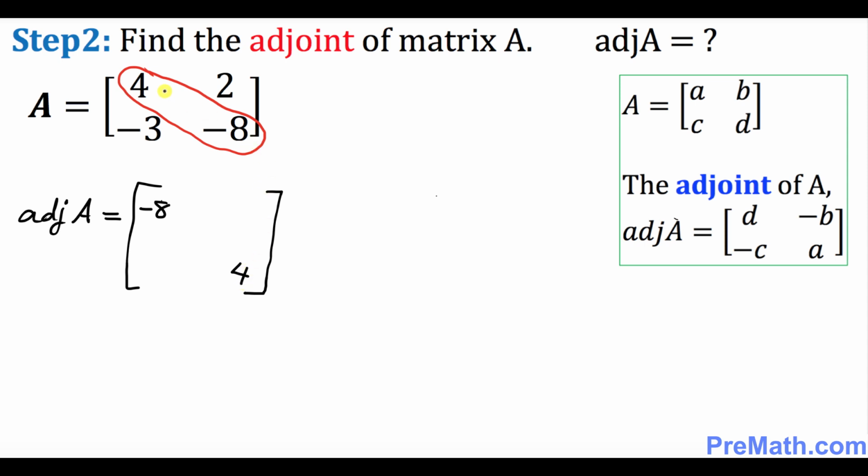You just simply switch these numbers. However, about these two numbers, you just change their sign only. This +2 becomes -2 and this -3 becomes +3, and that is our adjoint matrix.